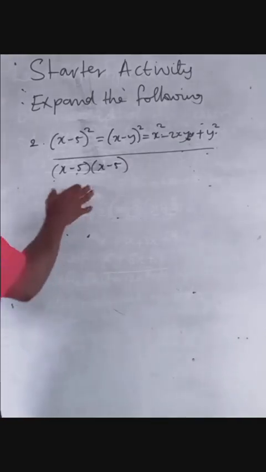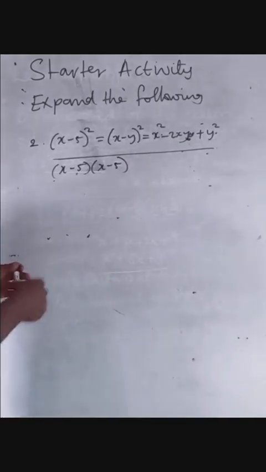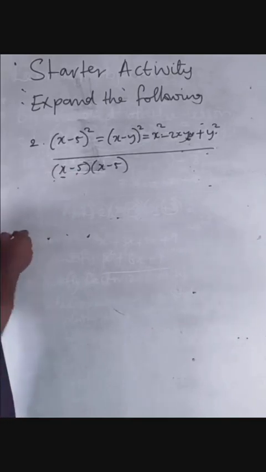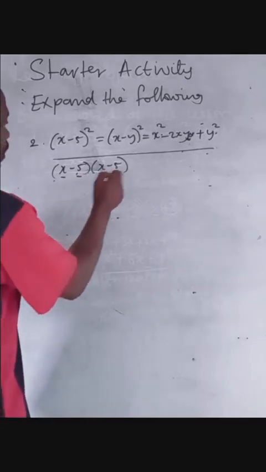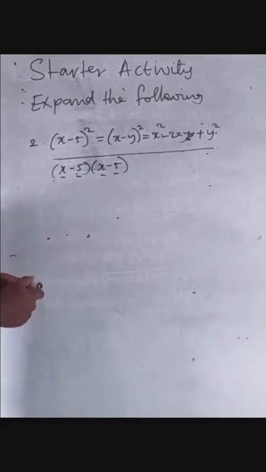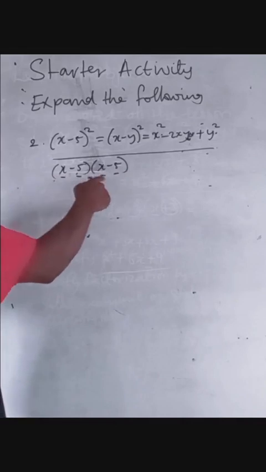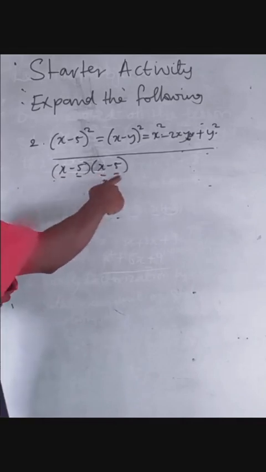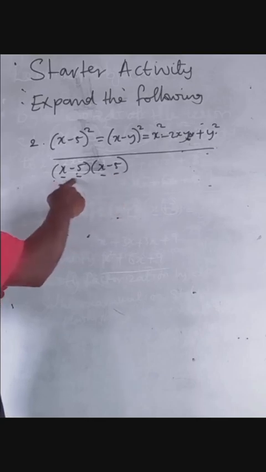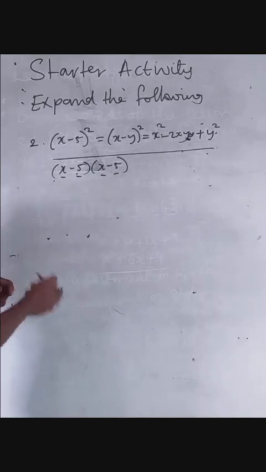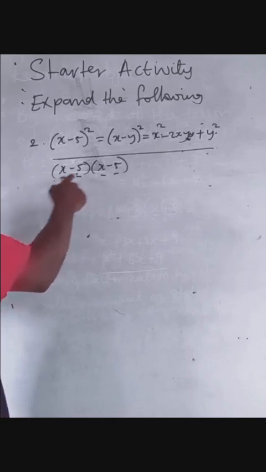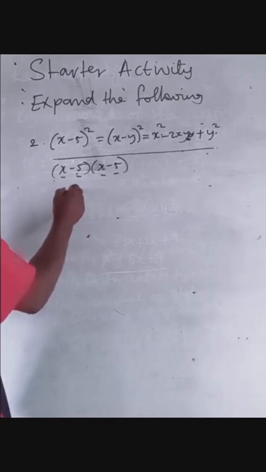So if we expand this expression, we are going to multiply each term in the first bracket with the terms in the second bracket. So x multiplied by x, x multiplied by minus 5, minus 5 multiplied by x, minus 5 multiplied by minus 5. Therefore, x multiplied by x is x squared.